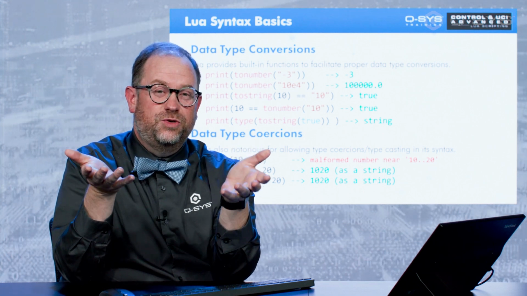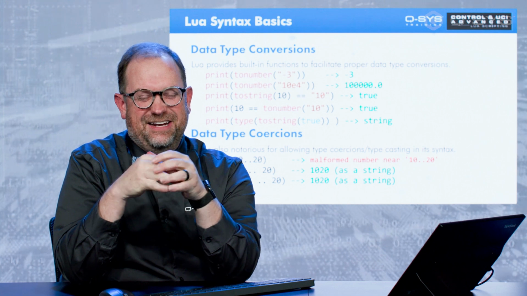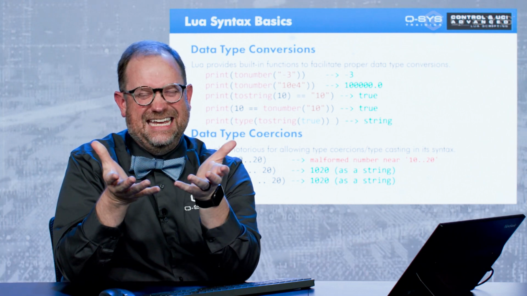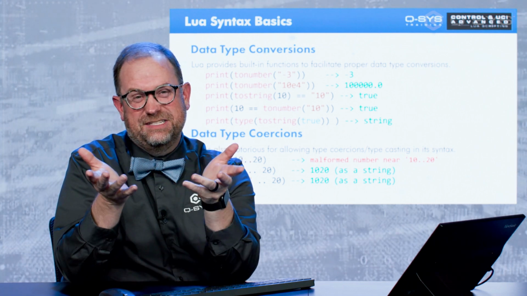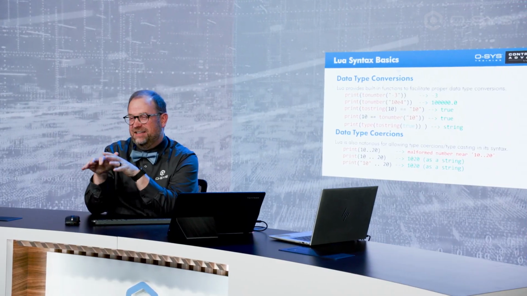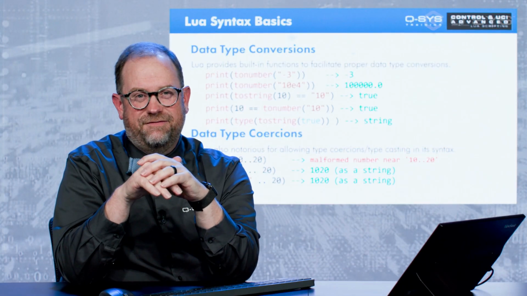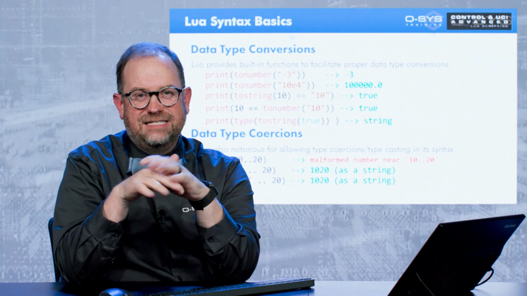It shouldn't do this, but it does. And it's something you need to be aware of because it's a very handy thing, and we will probably show it. If you look at anybody else's code, you will definitely see people using the fact that Lua provides this type coercion, and it's a thing.